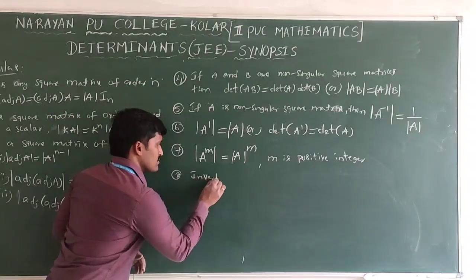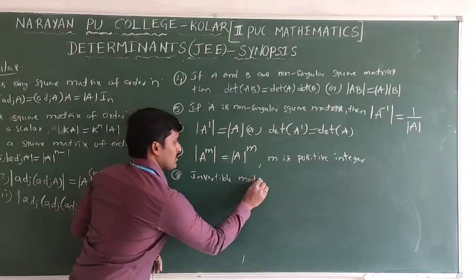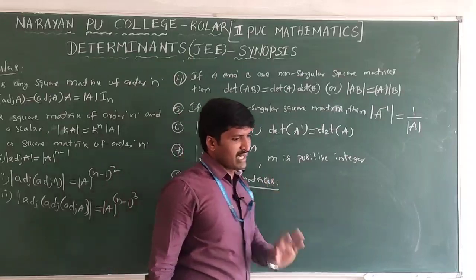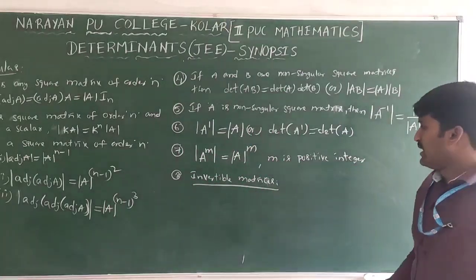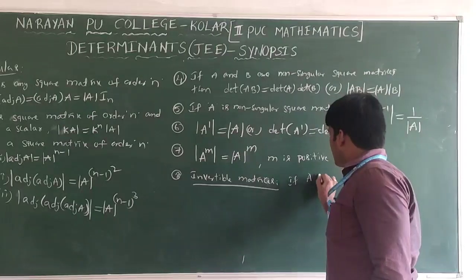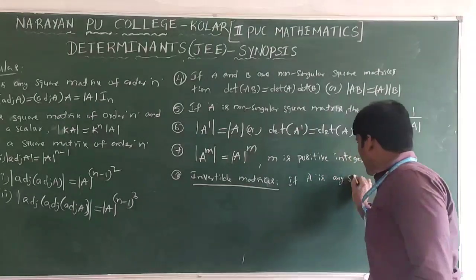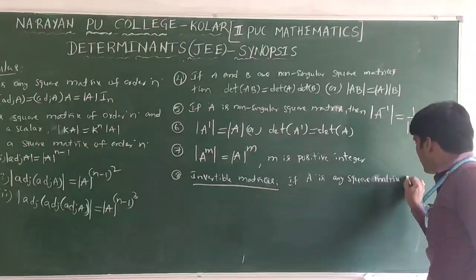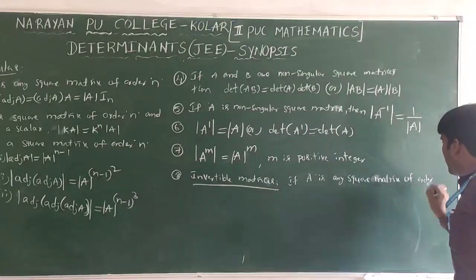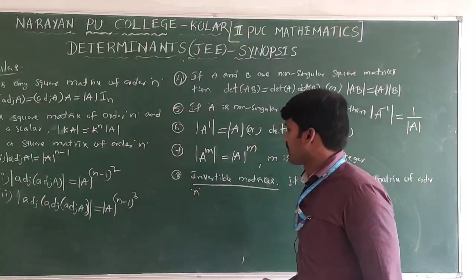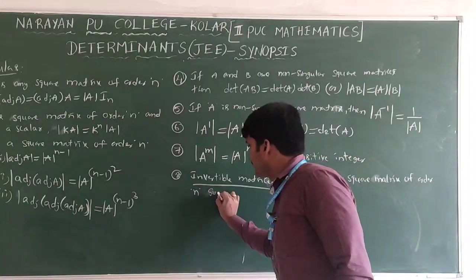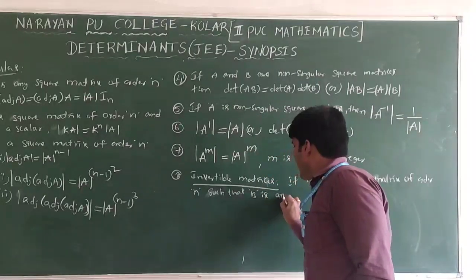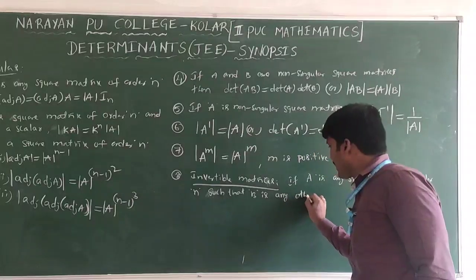Invertible matrices. What do you mean by invertible matrices? In this case, you remember if A is any square matrix of order n such that B is any other square matrix.